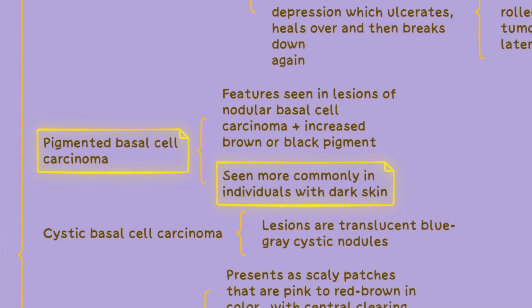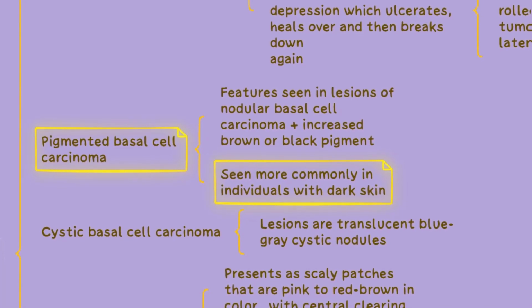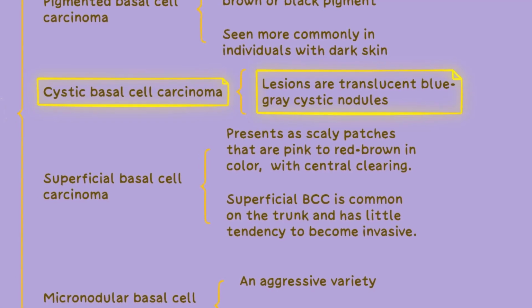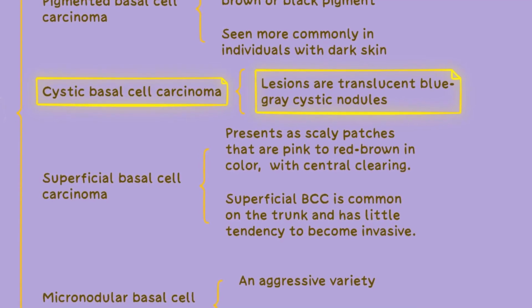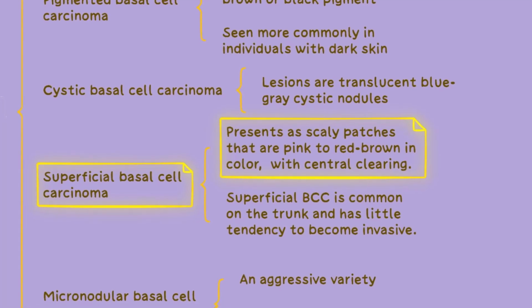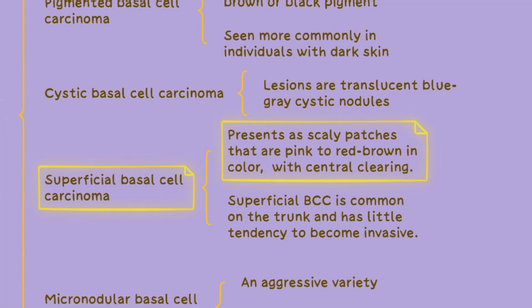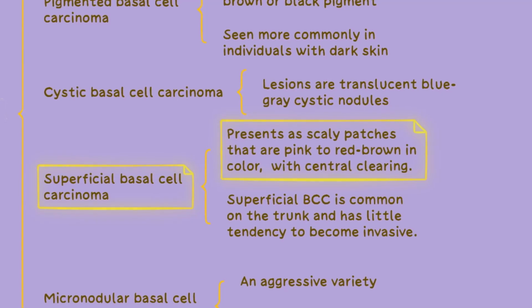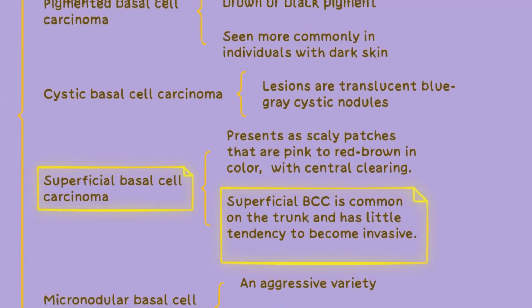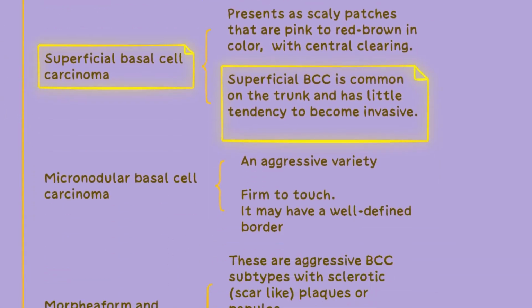It is more commonly observed in individuals with darker skin. Cystic basal cell carcinoma lesions appear as translucent blue-gray cystic nodules. Superficial basal cell carcinoma presents as scaly patches that are pink to red-brown in color, often with central clearing. Superficial basal cell carcinoma is common on the trunk and has a low tendency to become invasive.